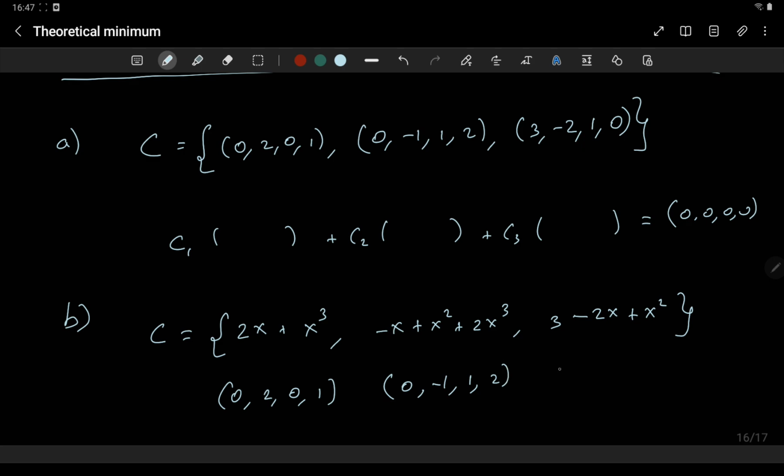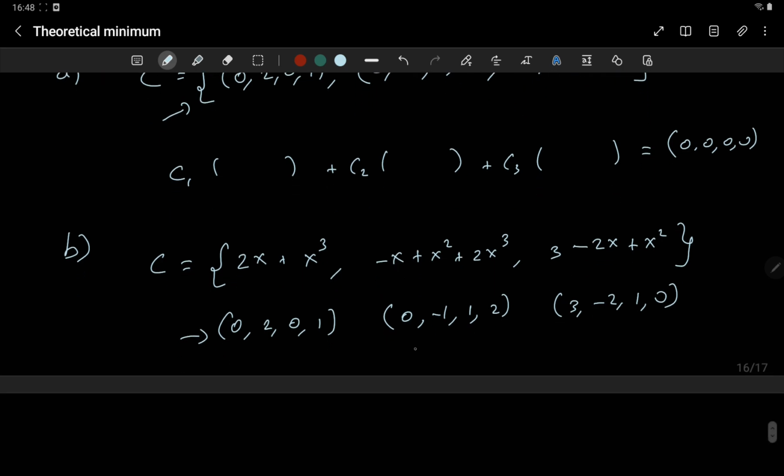And this one is 3, minus 2, 1, 0. And if you notice, this is the same as the previous one, the coordinate vectors. So in this R4 space, if these vectors are linearly independent, then I don't have to check even here, because the coordinate vectors are the same. Even here it will be linearly independent.